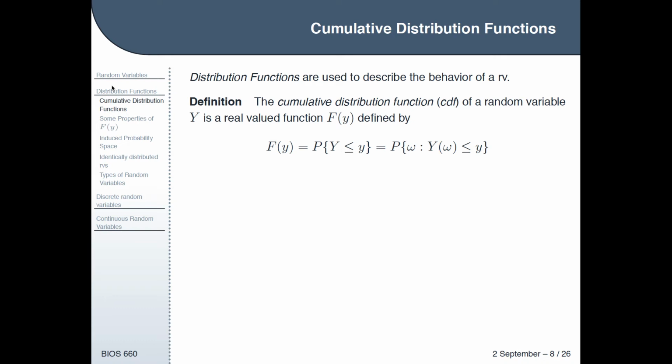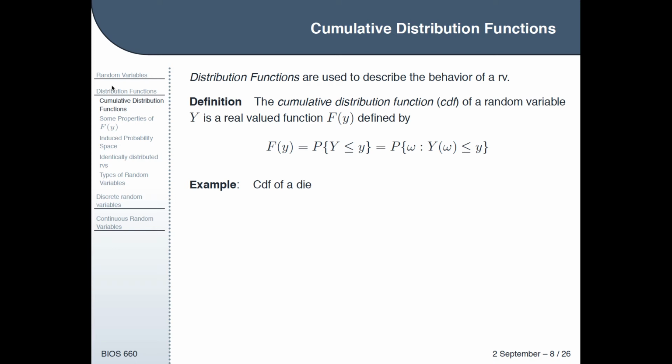The cumulative distribution function of a random variable y is a real valued function, usually denoted by a capital F, and capital F of y is defined to be the probability that the random variable is less than or equal to whatever given value you feed into the function.